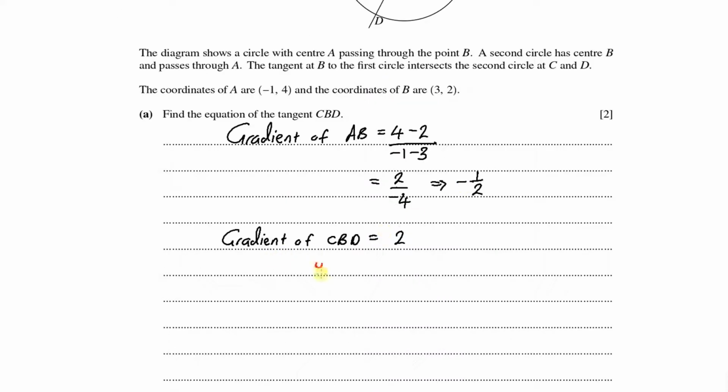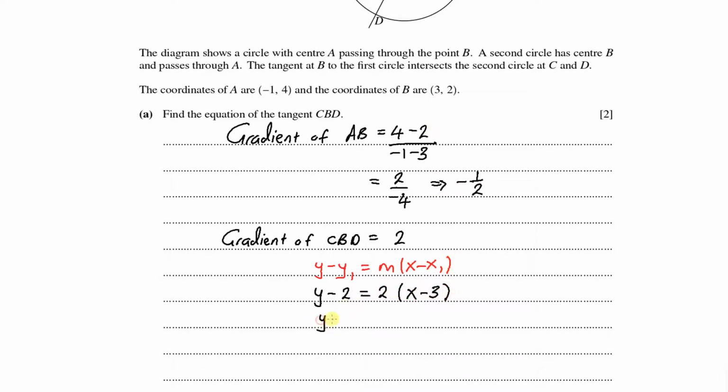We are going to say y minus y1 is equal to m of x minus x1. So since we have the point B as (3, 2), y minus 2, that's the y coordinate, is equal to m, which is 2, of x minus 3.